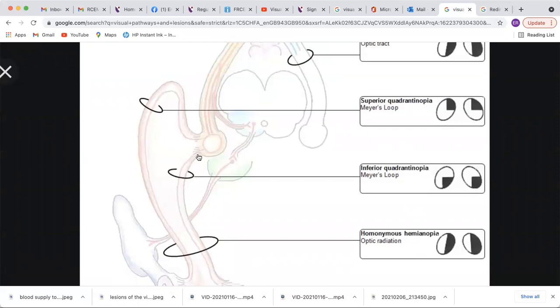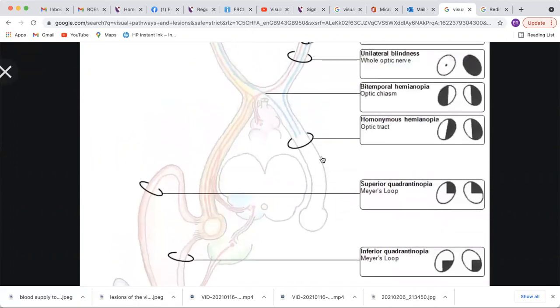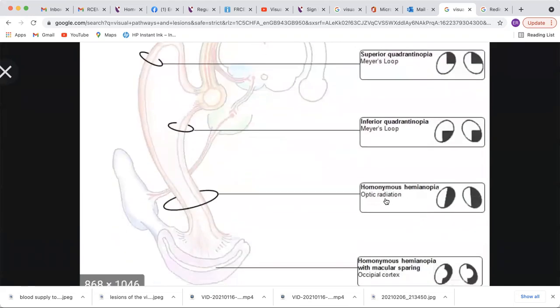The superior Meyer's loop, which goes through the parietal lobe, causes inferior quadrantanopia, and the inferior Meyer's loop, which goes through the temporal lobe, causes superior quadrantanopia, which is obviously contralateral. So in terms of homonymous hemianopia without macular sparing, the optic tract is one place and the optic radiation is the other.